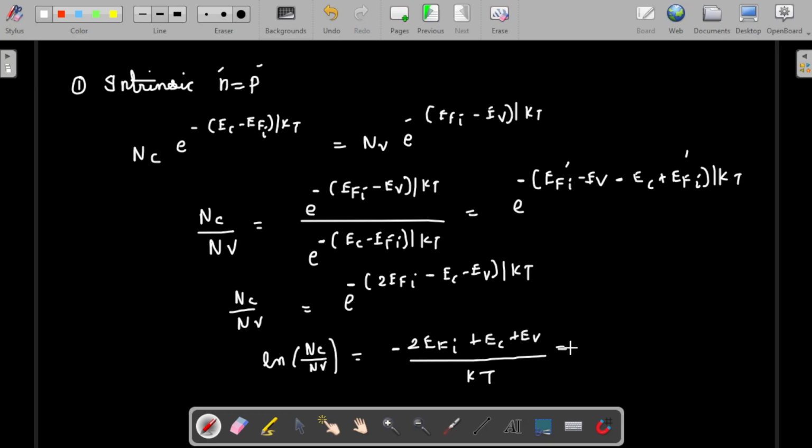The KT can be brought to that side. So KT ln NC by NV is equal to 2EFi minus (EC plus EV).